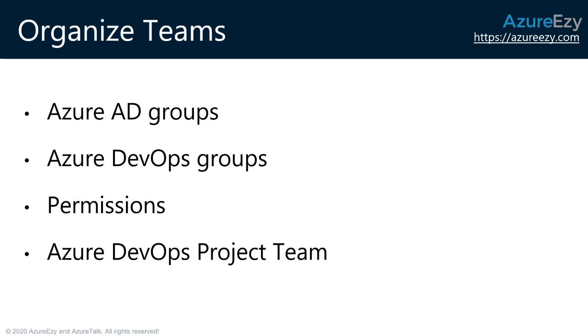Similarly, you can define their permissions in terms of pipelines, Azure Artifacts, and other services in Azure DevOps. So this is also a way to organize your team in Azure DevOps, and when you integrate with Azure AD, you get a good combination of authentication and authorization in this ecosystem.